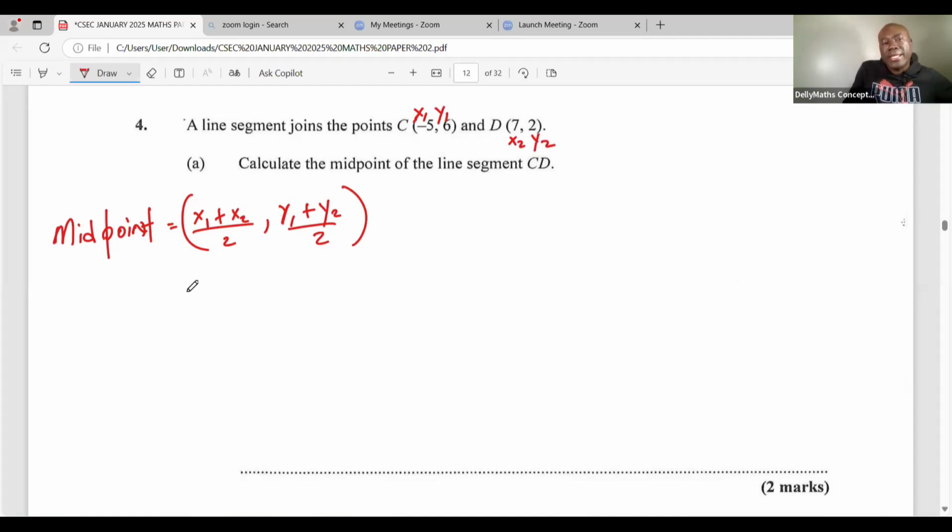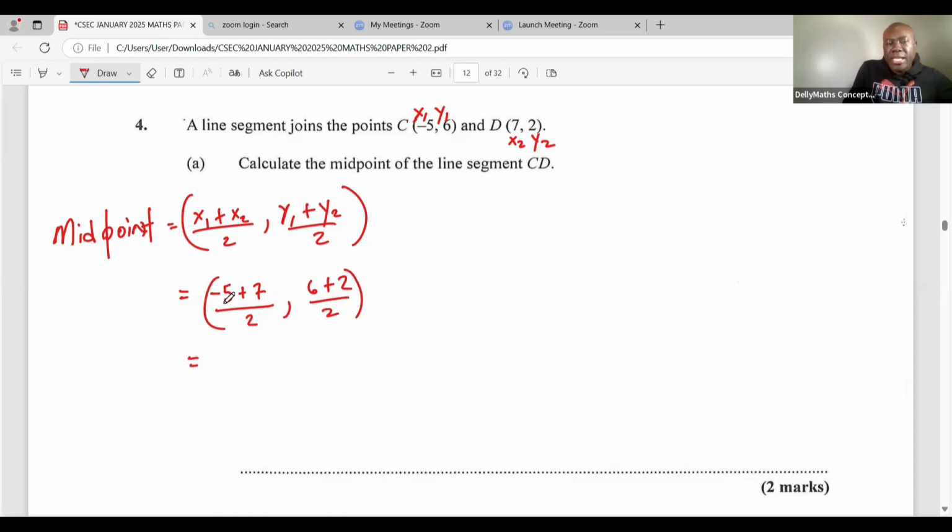We're going to substitute that in the formula to get that midpoint. So x1, -5, plus x2, 7, over 2. Then y1 is 6 plus y2 is 2, over 2.